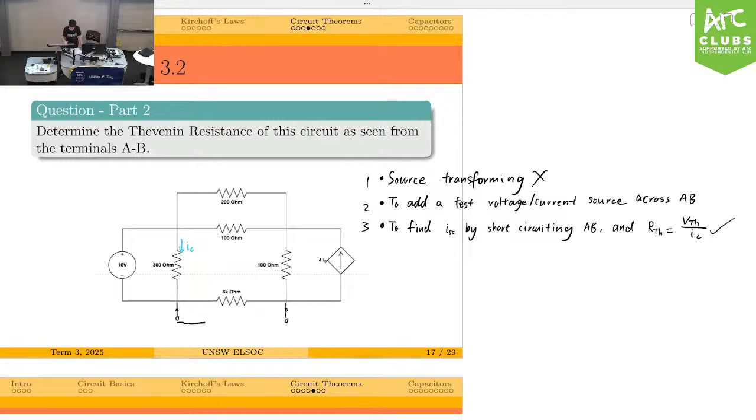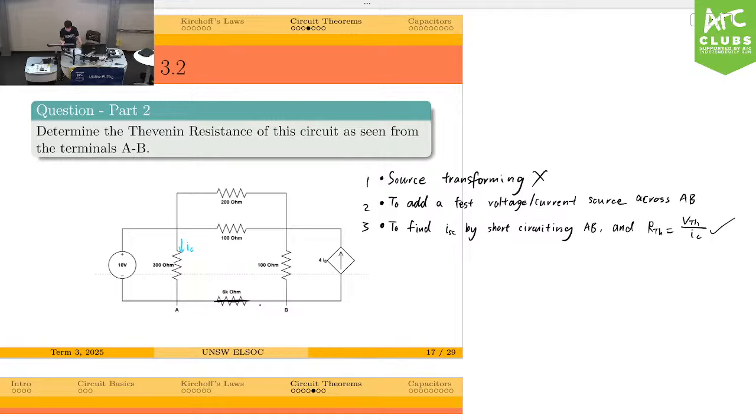So let's short circuit this. As you can see, if you short circuit AB, then the 6 kilo ohm will also be short circuited, right? So let's remove the 6 kilo ohm over here. Now we have 2 parallel wires, so we can treat them as one. Just remember that if you short circuit AB, then the 6 kilo ohm resistor will be short circuited.